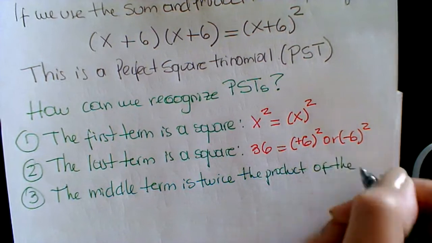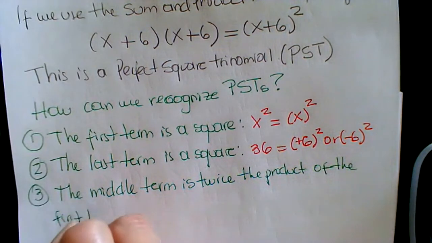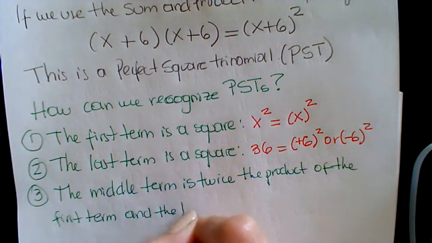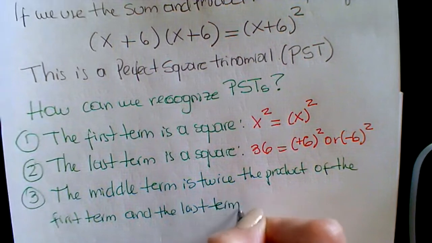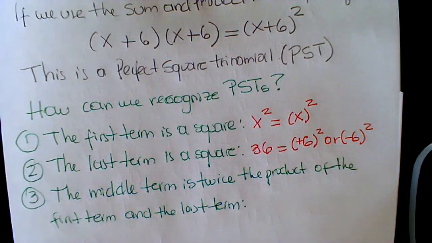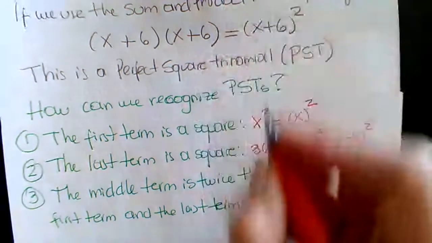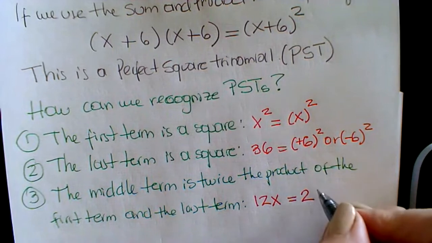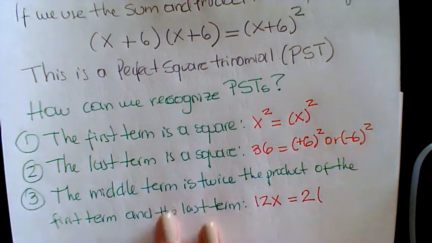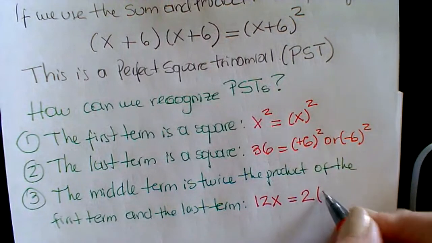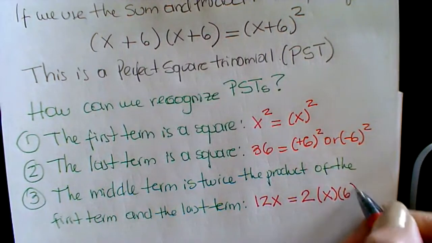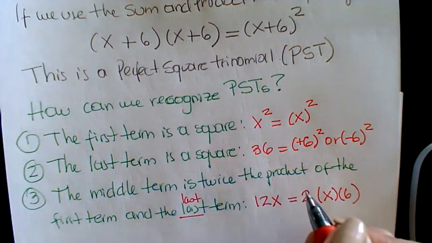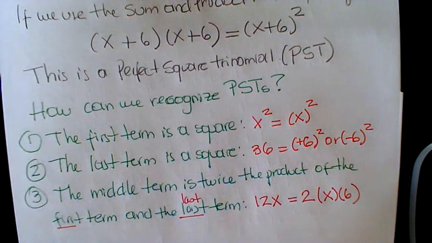So, for example, we have what? 12x, right? 12x is equal to twice what? The product of the first one, which is x, and the last one, which is 6. The first one, and the last one.